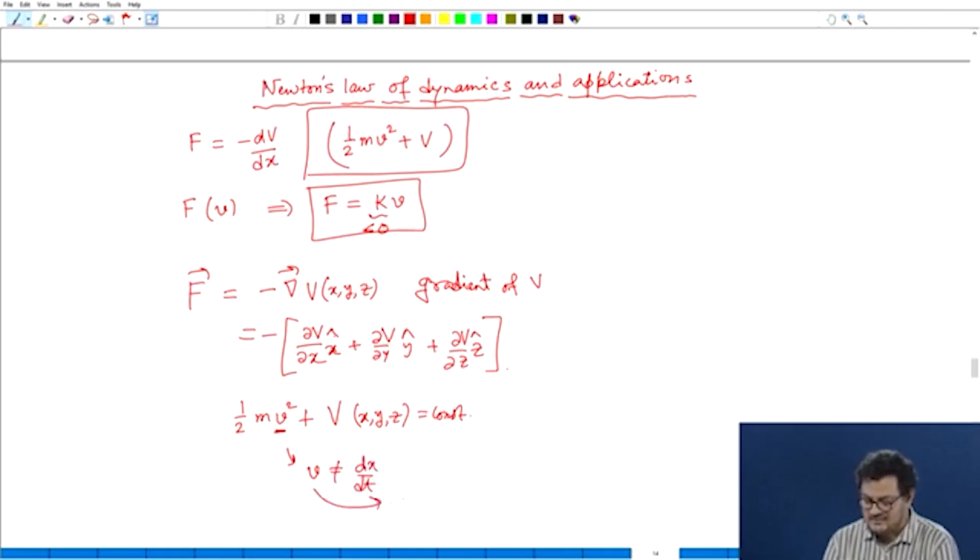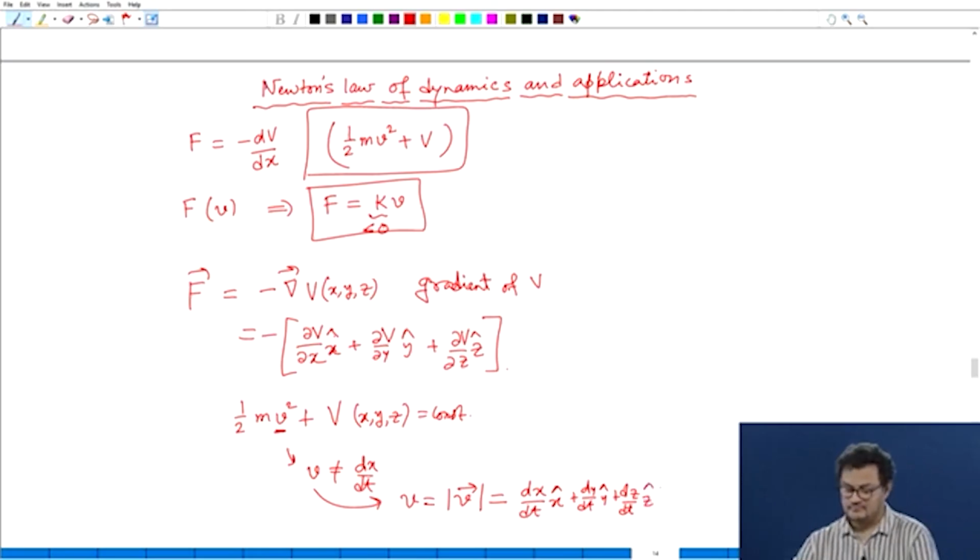This v is the modulus of the v vector, which is nothing but dx/dt x cap plus dy/dt y cap plus dz/dt z cap. So, this is the v vector.